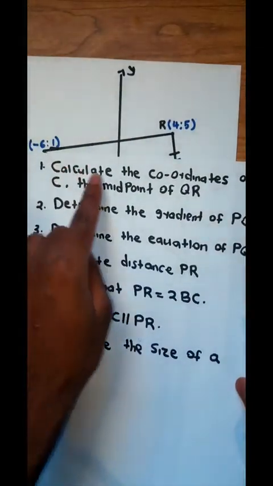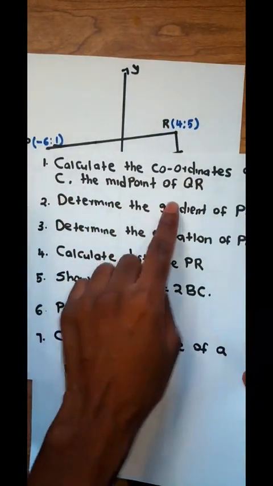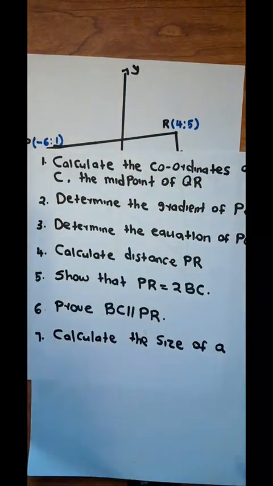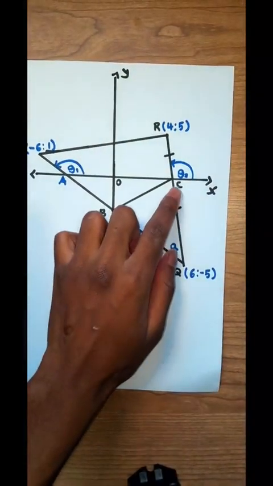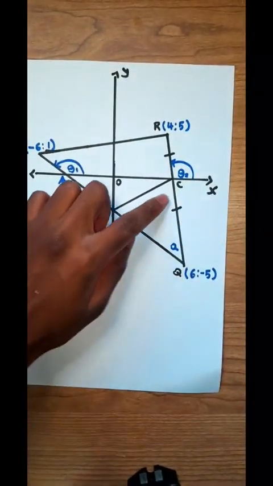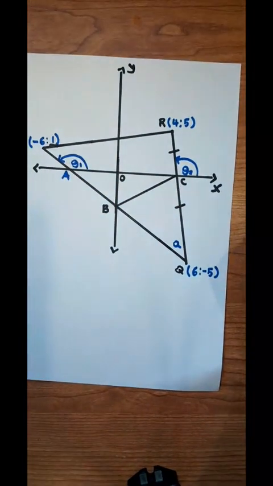Now, here are the questions. The first question says, calculate the coordinates of C, the midpoint of QR. Now, how can we find the coordinates of C? We realize that C is the midpoint of QR. That's what they've told us in the statement. How do we calculate the midpoint?